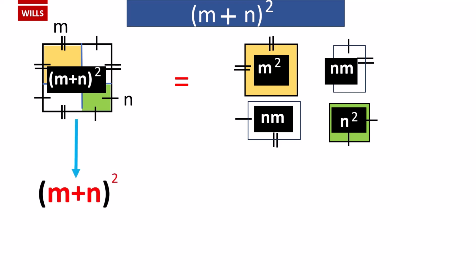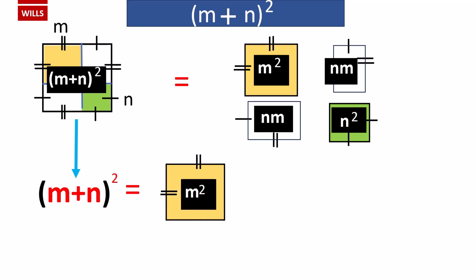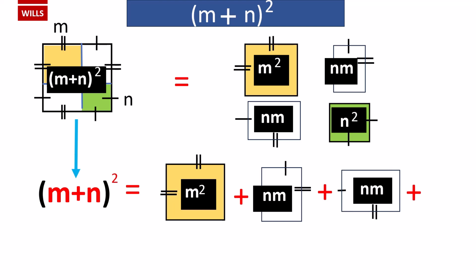So the figure is still m plus n all squared, that is a bigger shape, which is equal to m squared plus the second shape, which is nm, plus the third shape, which is also nm, plus the last shape, which is n squared.